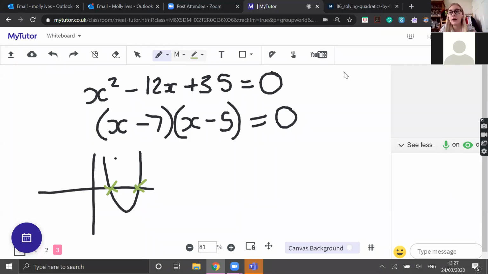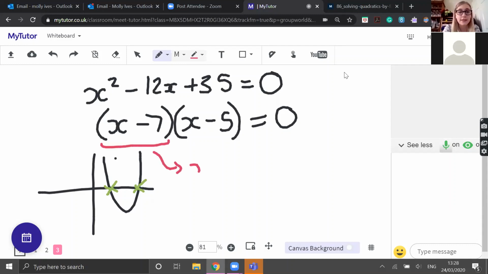Now, when two things multiply to equal 0, one of those things has to be 0, right? There is no way that you can think of two non-zero numbers that multiply to equal 0. So this means one of these has to be 0. And that's why the factorizing is great, because then we've got our two options.